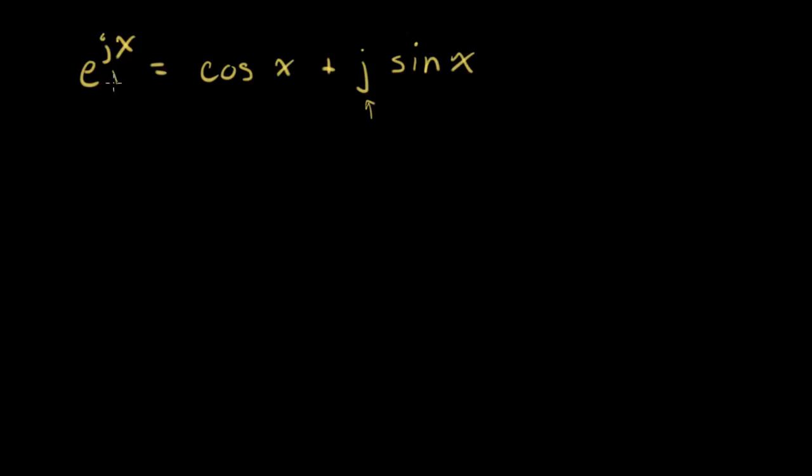Here's 2 complex numbers. Okay, this is where complex numbers come into electrical engineering. So I have to mention the other form of this formula, which is e to the minus jx equals cosine x minus j sine x.